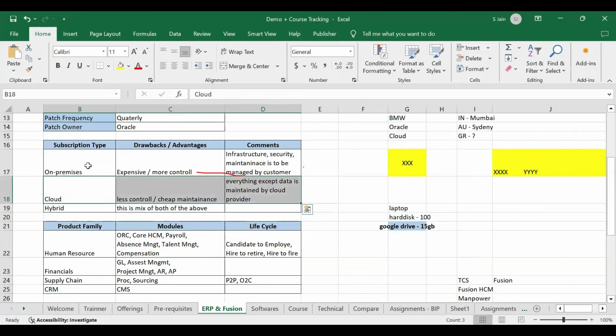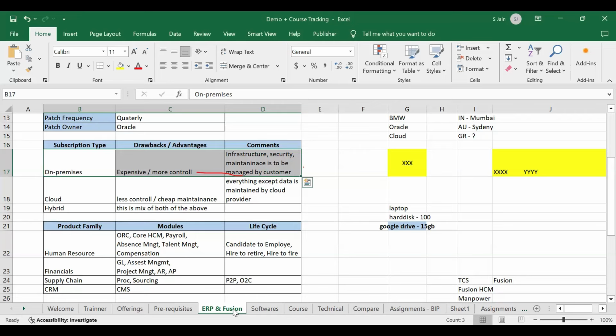Other companies, guys, suppose there is a company that is more focused on the idea that we cannot expose our data to any server outside our company. We want your software, but we want the software to be installed in our premises, on our internal server. Like suppose, guys, the CBI is there.